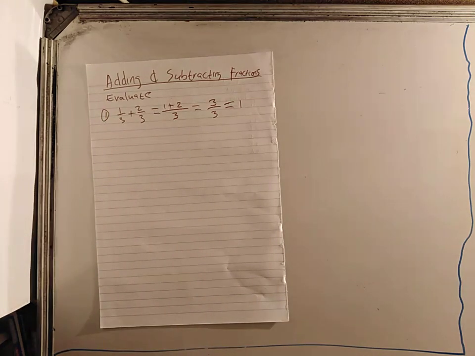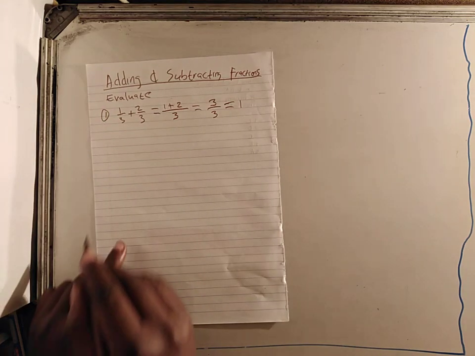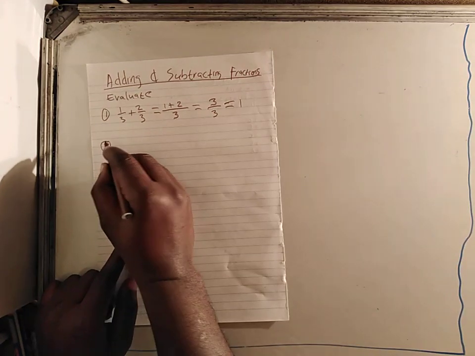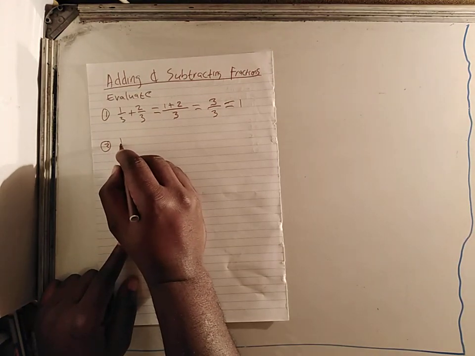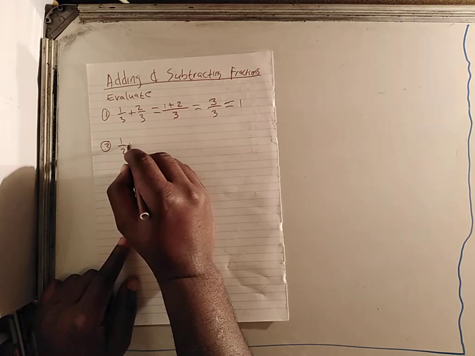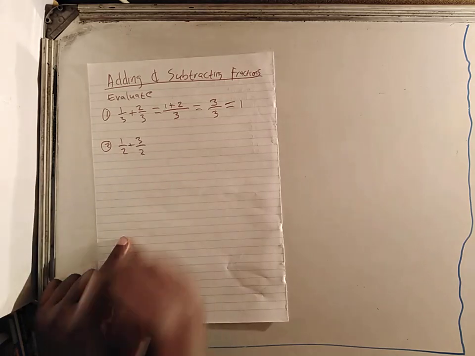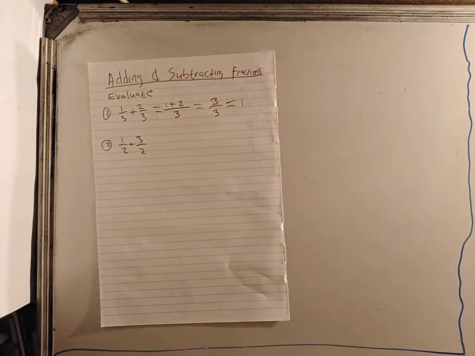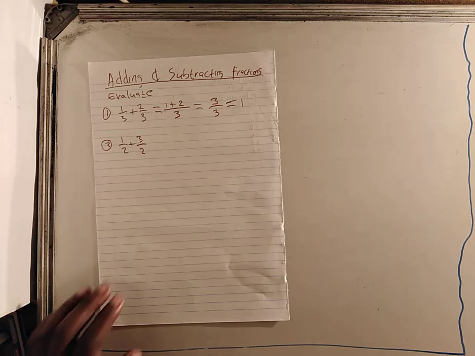Okay. Let's take a second one. Number 2. You've got 1 over 2 plus 3 over 2. You are also supposed to evaluate it. Guys, evaluate is just a fancy word for saying calculate. So don't be confused around it, because terminology sometimes confuses a lot.